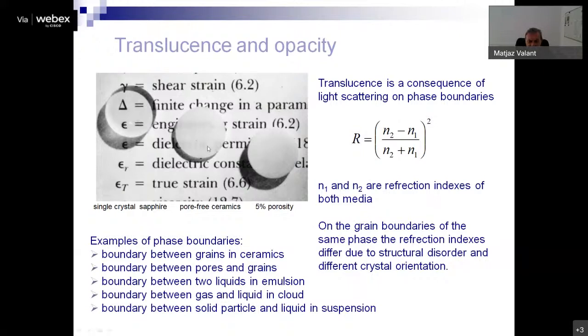And for that reason, the same material in the form of polycrystalline ceramics is translucent, while the single crystal would transmit all the light.